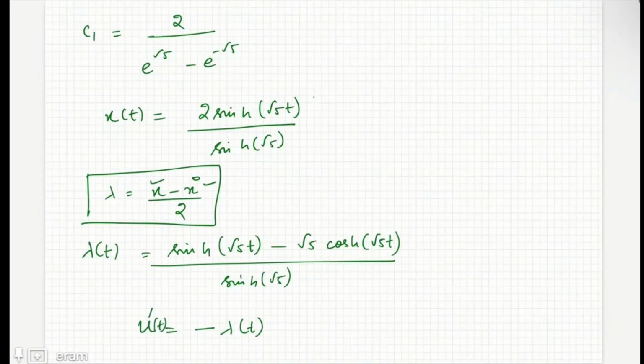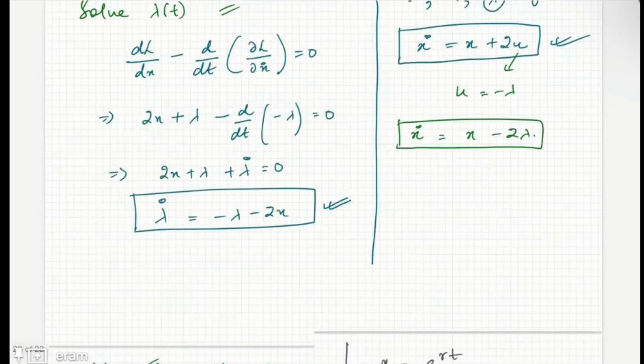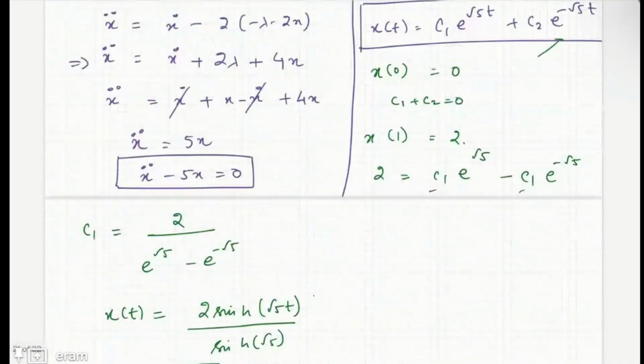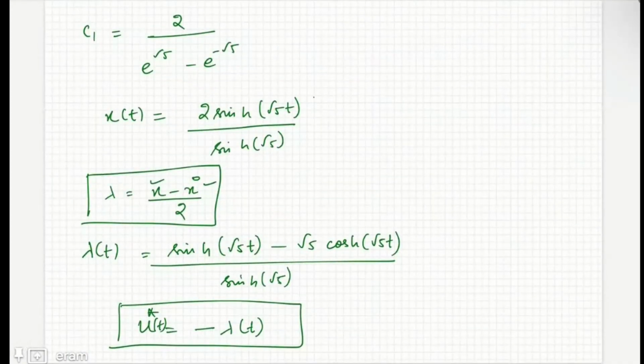So this is our optimal control u star, which minimizes the cost function, that is the integral of x square plus u square, and drives our system from an initial state 0 to our final state 2 in time t equals 1 second. Here what we have derived is the open loop control, by explicitly deriving our expression of u.